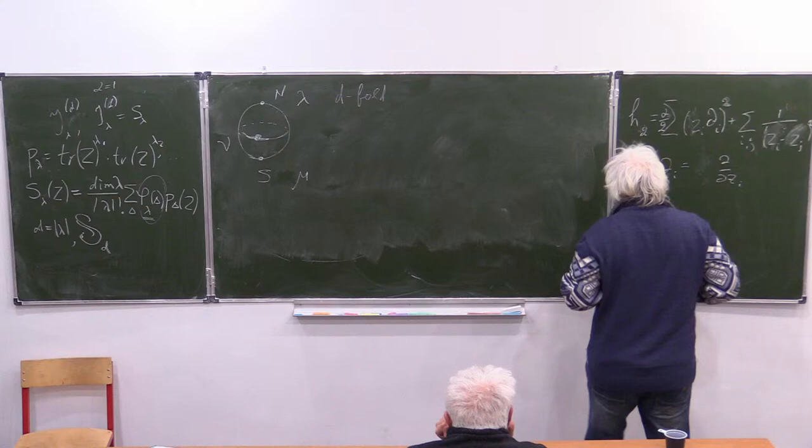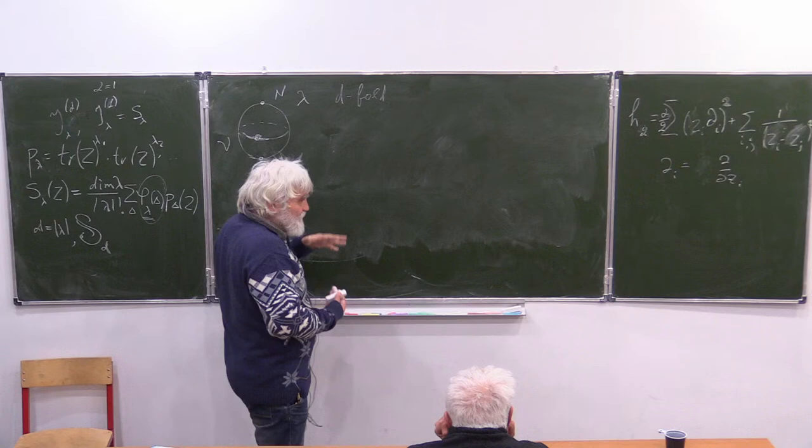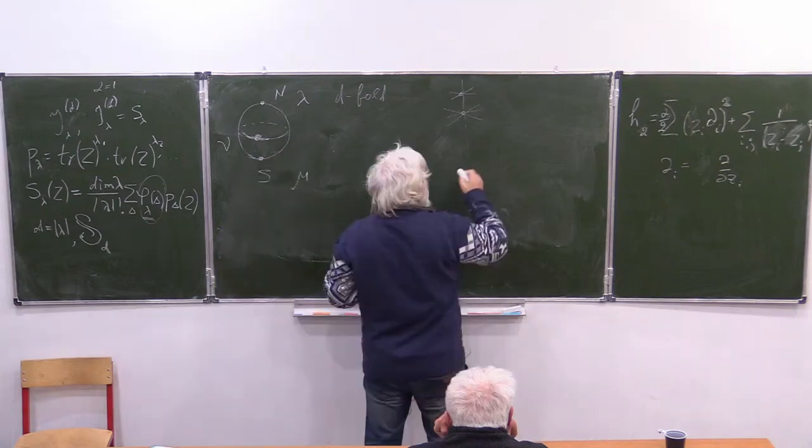A common point has d preimages, but at a branch point we have a smaller number of preimages because the sheets merge.